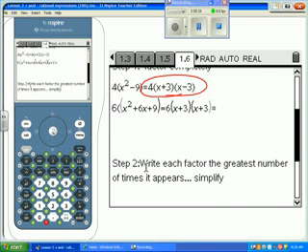So we're looking at this piece here and this piece here. Write each factor the greatest number of times it appears and then simplify.